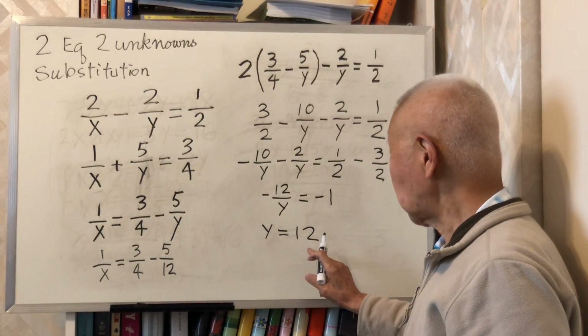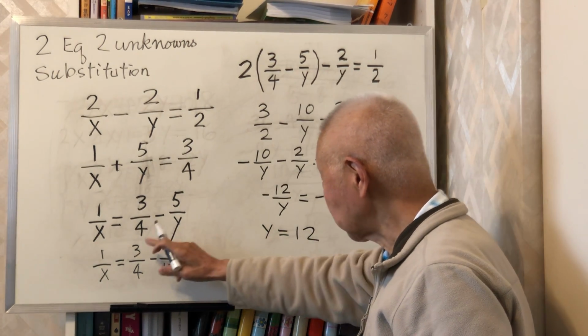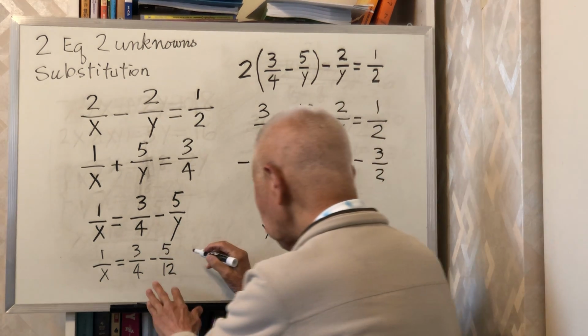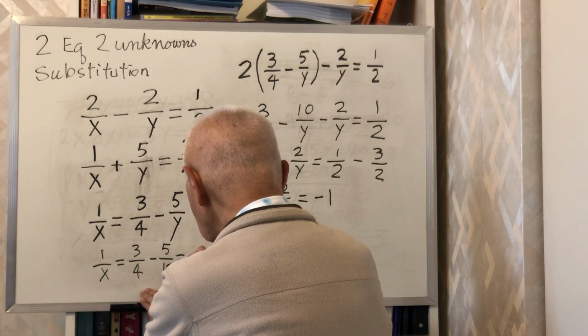y equals 12, so this is 12, and then I can do common denominator.